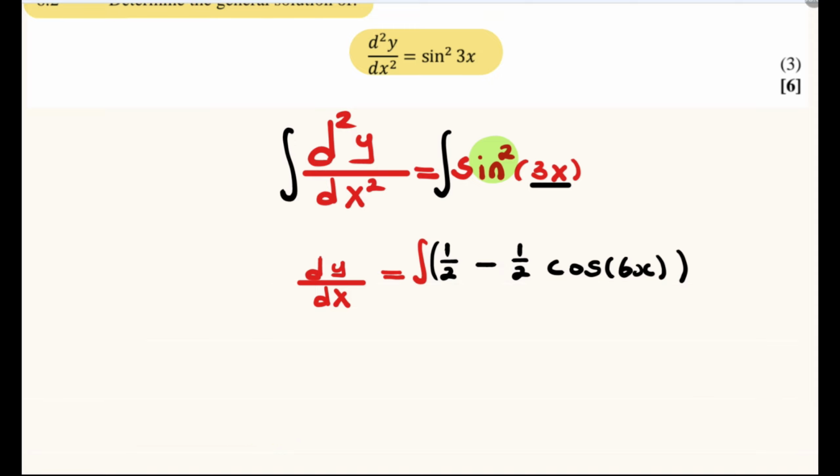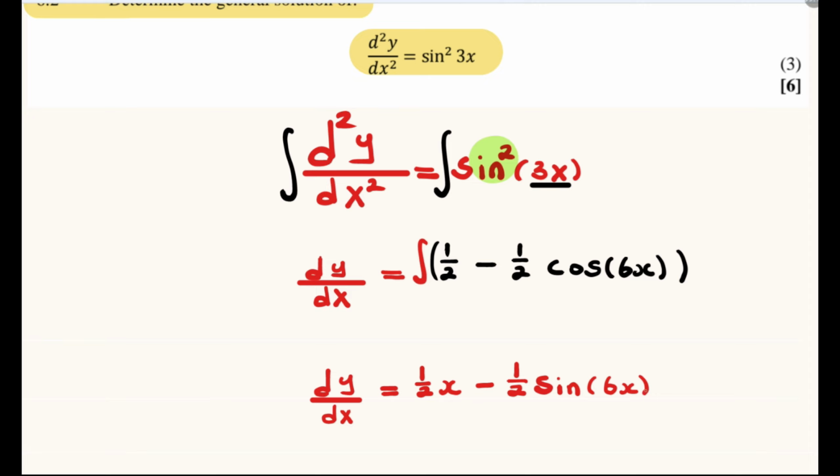We are going to integrate this with respect to x, and dy divided by dx will be equal to the integral of the half with respect to x, which is half multiplied by x, minus half multiplied by the integral of cos 6x, which is sine of 6x.